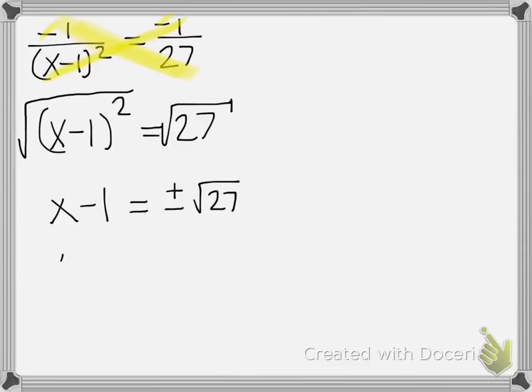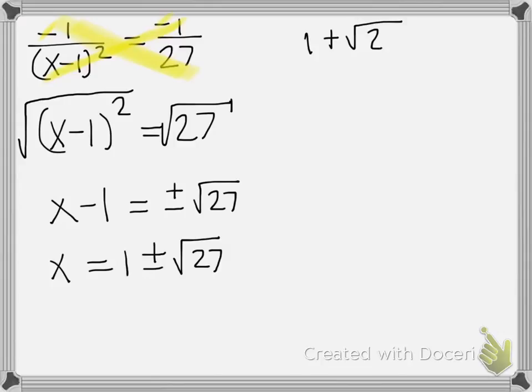And so from there we'll just say add 1 to both sides to get our x by itself. Okay, so we have two answers. We have 1 plus the square root of 27 and 1 minus the square root of 27. And the interval that we are checking those for is from 4 to 10.